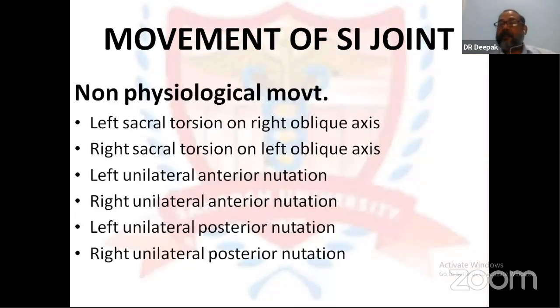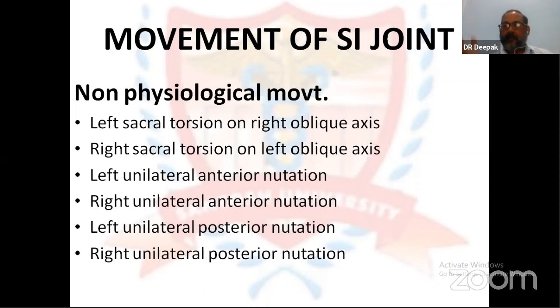And next are the non-physiological movements. The non-physiological movements are those movements which are not in our control, that is, non-voluntary movements. So there are some non-physiological movements. Left sacral torsion on right oblique axis, that I explained just before. The oblique axis is the right oblique axis when we are looking from the posterior side.